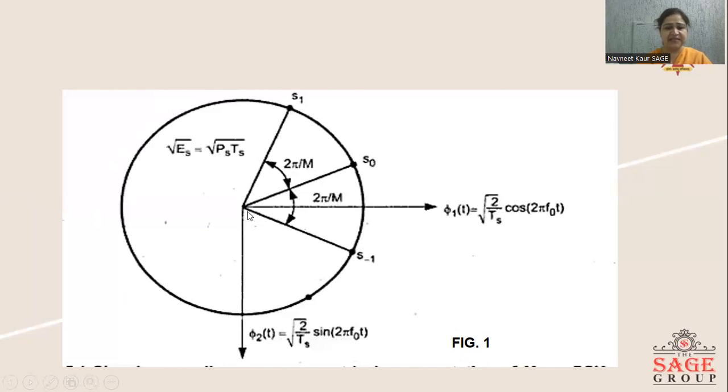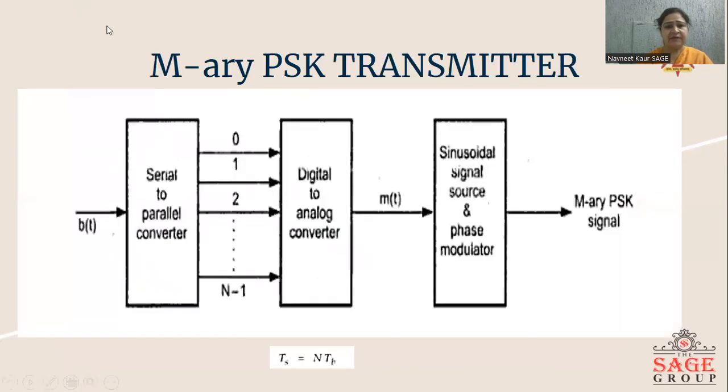Since the distance is the same in case of all the symbols, we can say that these symbols can be represented on the circumference of a circle with the radius of root PsTs and a mutual phase shift of 2 pi by M radians.